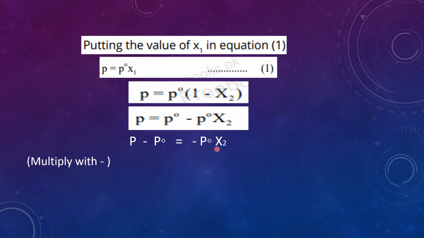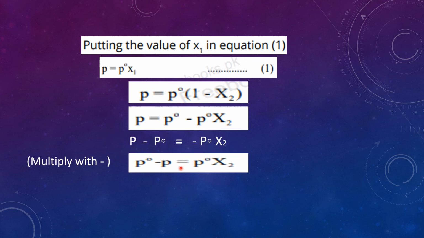In the next step, we will multiply this equation by the minus sign and we will get P naught minus P. When we multiply by the minus sign, P will become negative and P naught will become positive. So rearranged, P naught minus P is equal to P naught X2, as by multiplying by minus we get this value in the positive way.